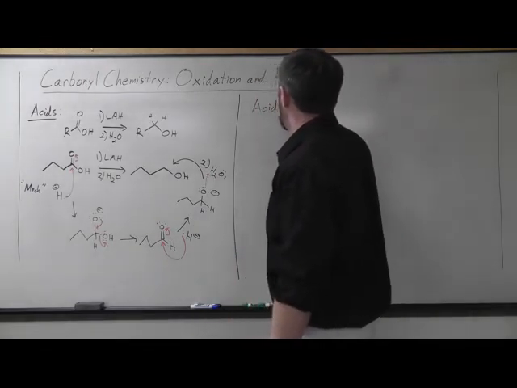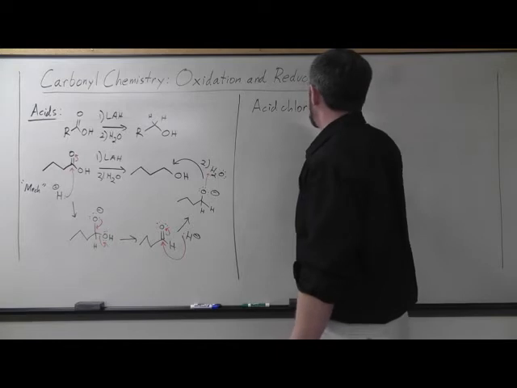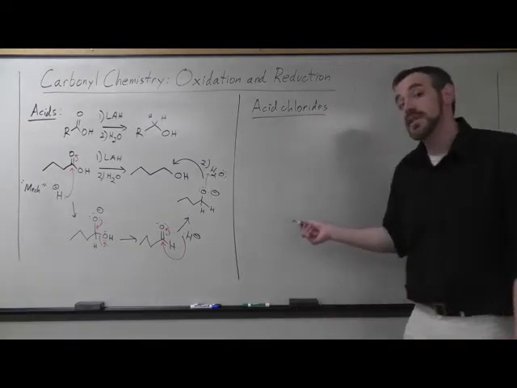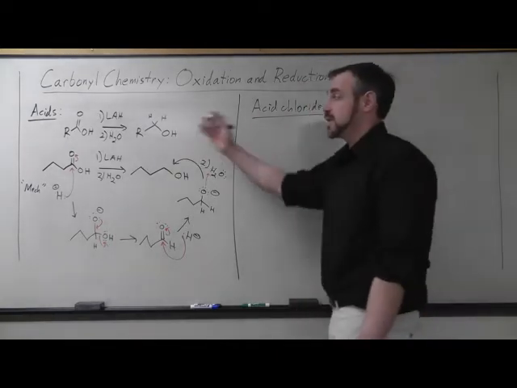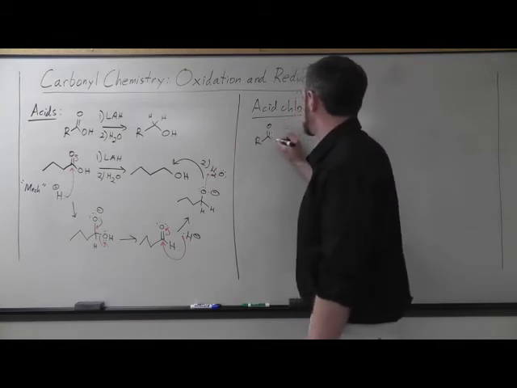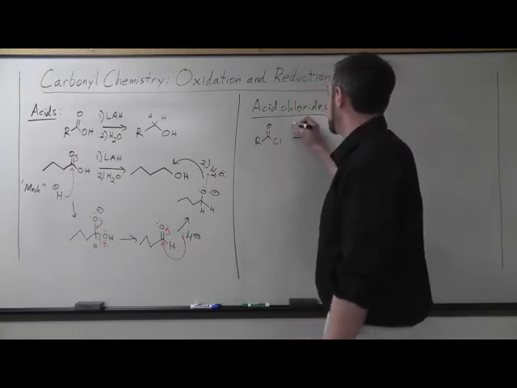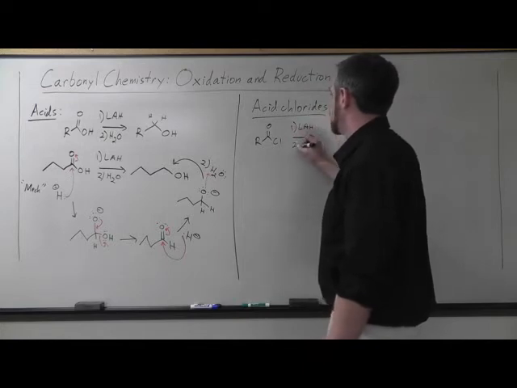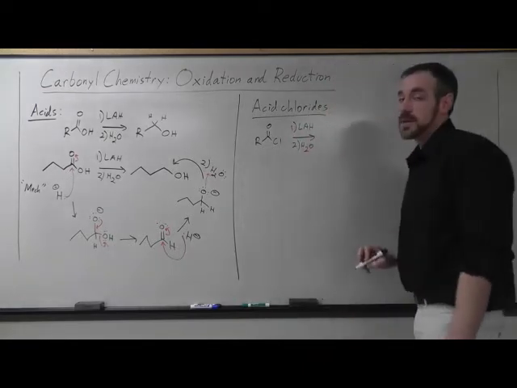For acid chlorides, it's effectively the same mechanism, only we have an even better leaving group in the chloride, but the mechanism's the same. And so, for example, with an acid chloride, we can reduce that down to an alcohol.